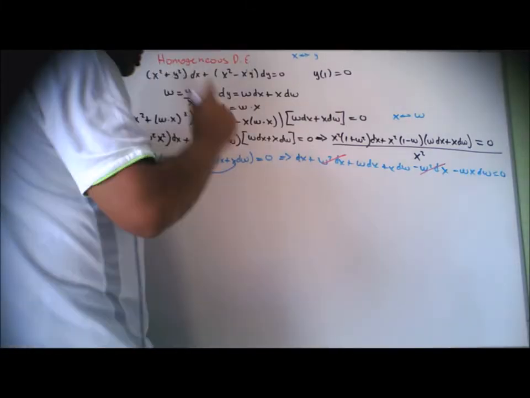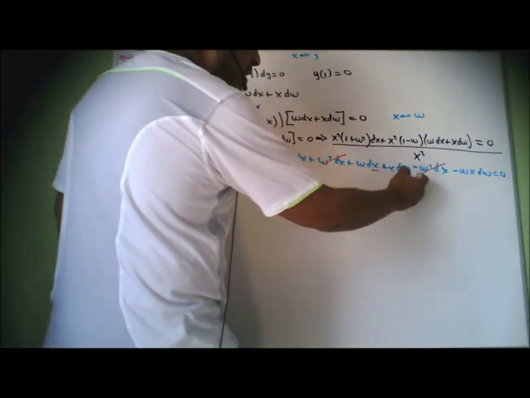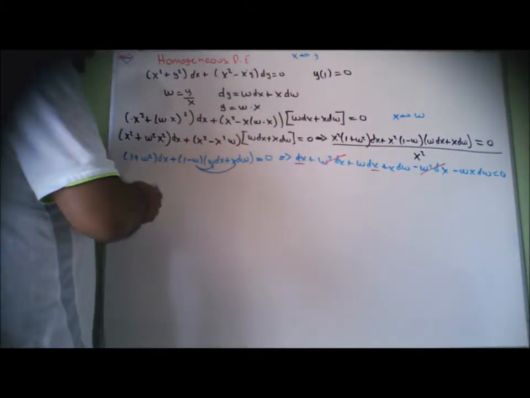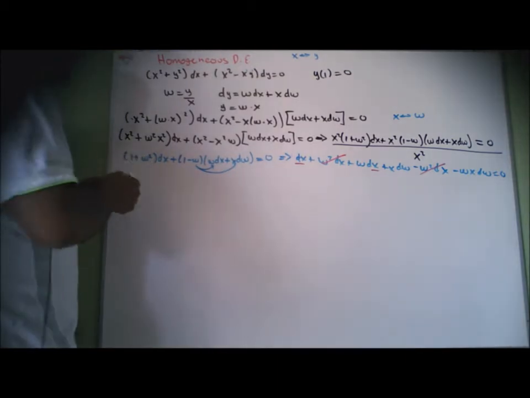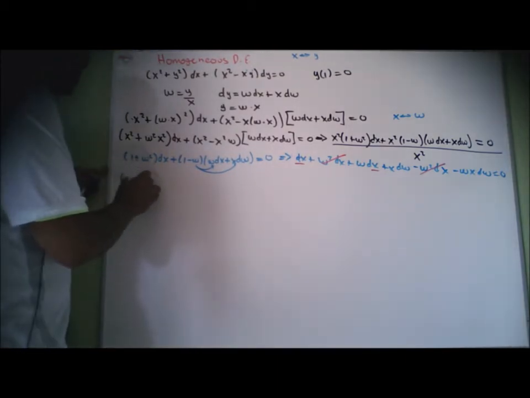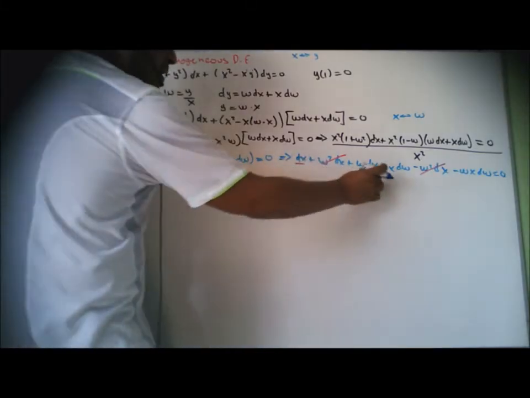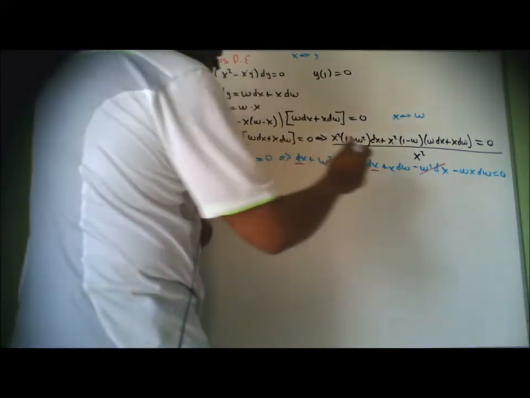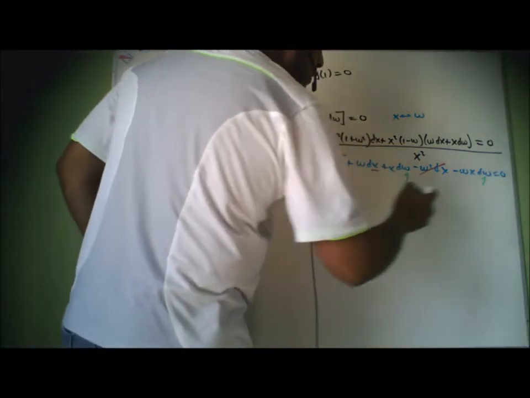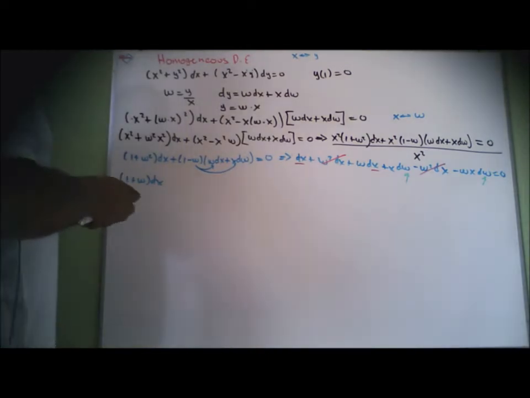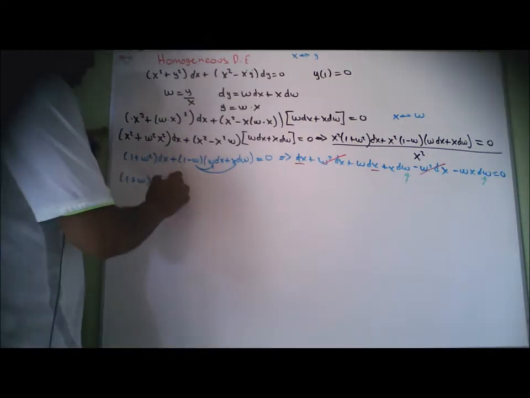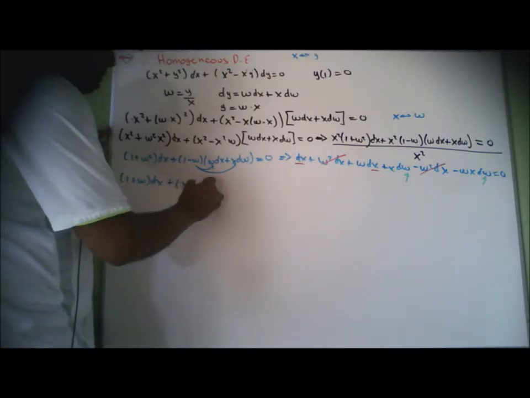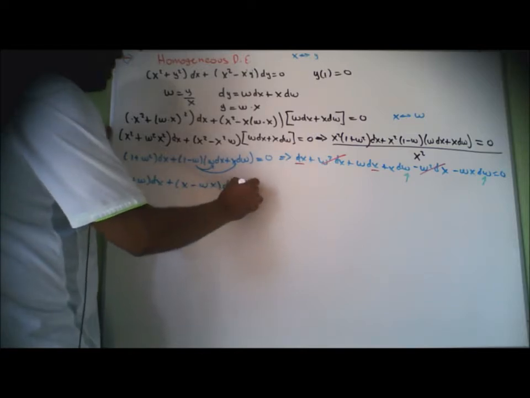Now let's do some factorization. Let's factorize the differential of x. What you get is 1 plus w, differential of x, from here and here, and then the differential of w, from this one and this one, plus x minus wx, differential of w, equals 0.